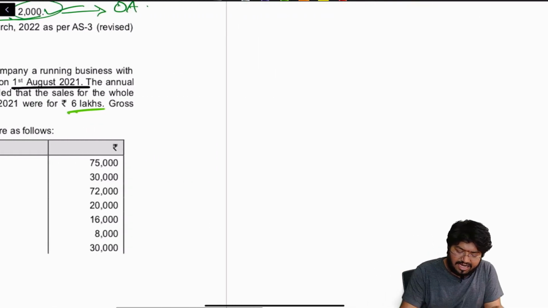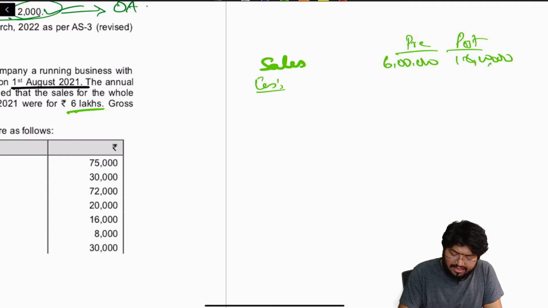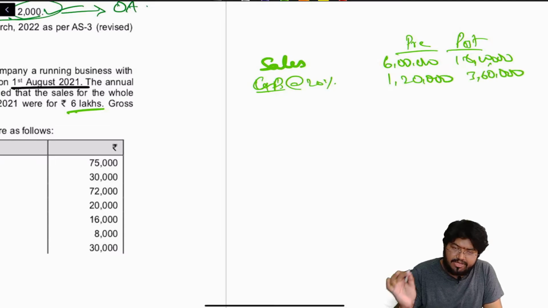So your presentation starts with sales, pre and post, 6 lakhs and 18 lakhs, less, or you can directly take GP at 20%. How much is it? 1 lakh 20,000 and here it is 3 lakh 60,000. From here you can start, okay?